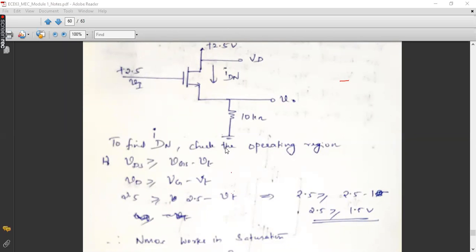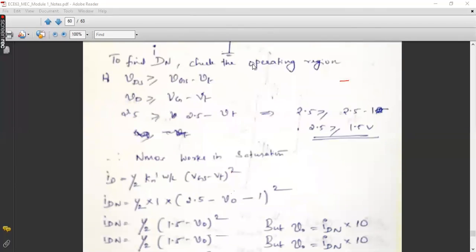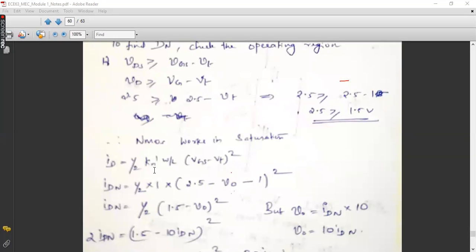VD is 2.5 because the drain is directly connected to your supply voltage. Threshold voltage is 1 as per the question. So 2.5 is greater than 1.5, which means your saturation condition is satisfied, and you can write the equation for ID based upon the saturation condition.